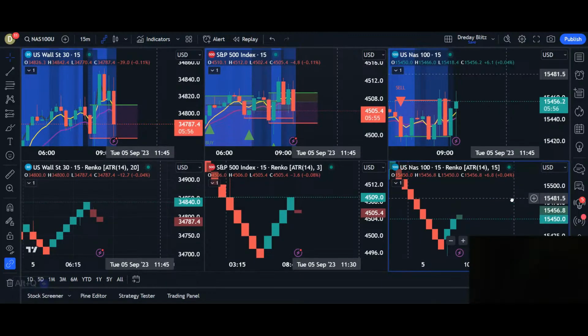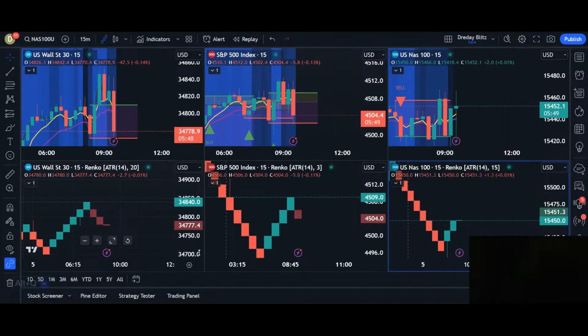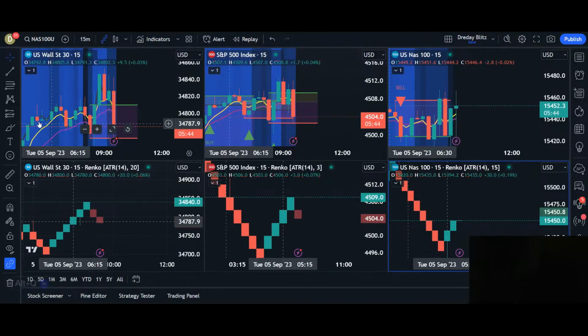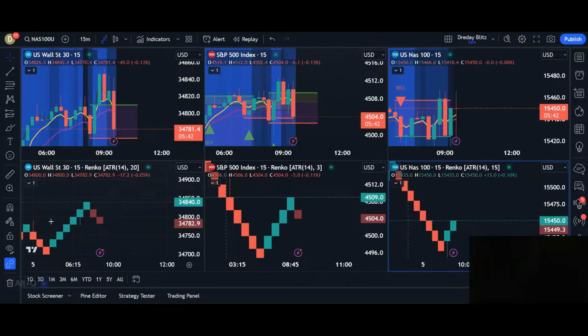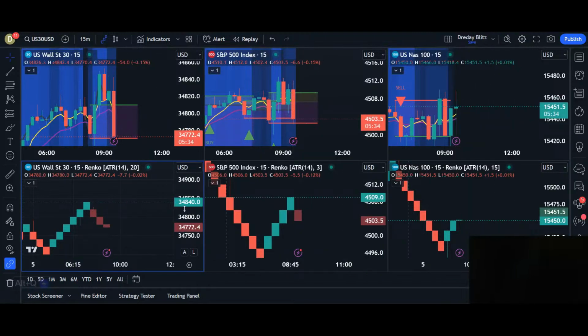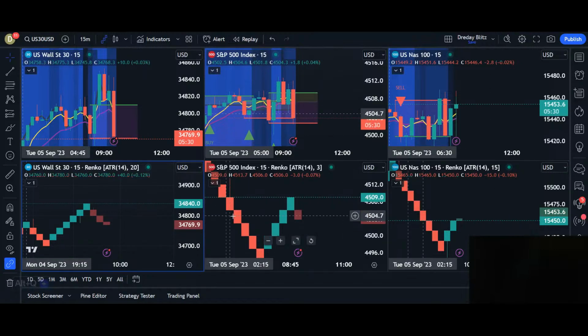The Nasdaq is still showing bullish right now. So it's only the S&P 500 and US 30 that are showing a good push going down right now.